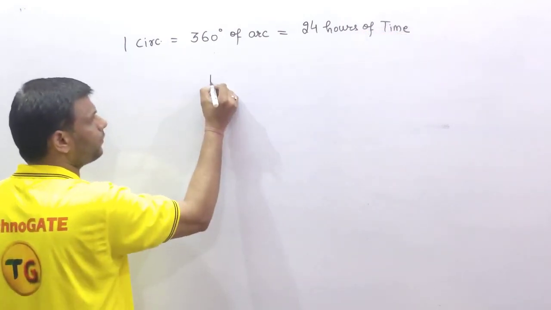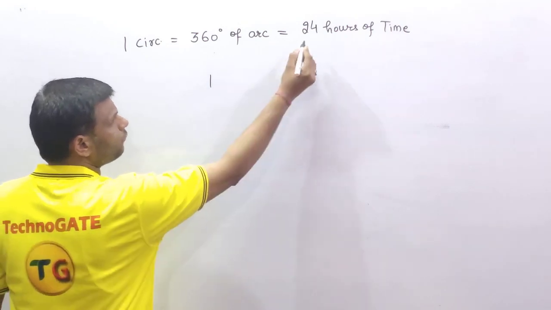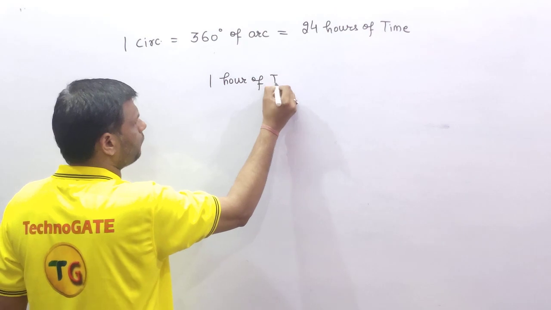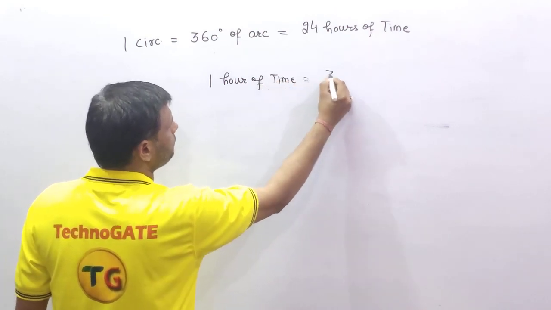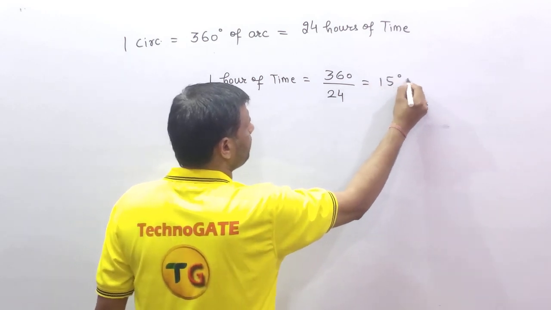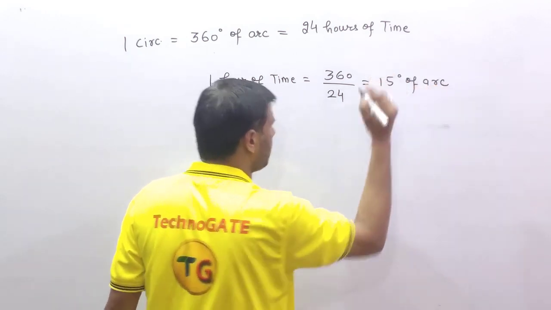That means 1 hour of time equals 360 divided by 24, which gives me 15 degrees of arc.